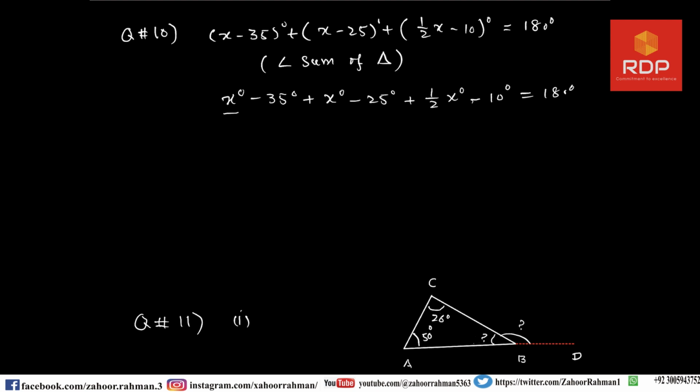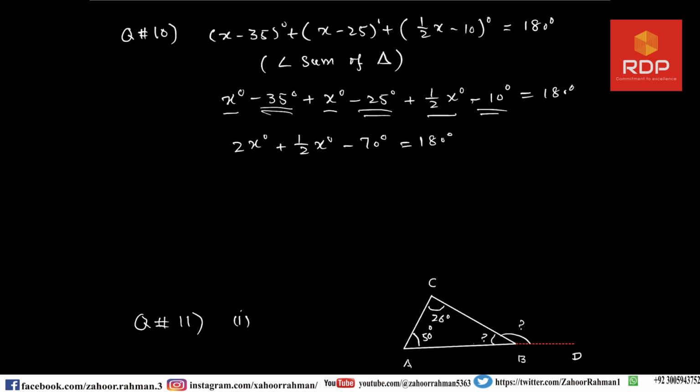First of all, this one and this one will be equal to 2x plus 1 over 2 x degree, and minus 35 and minus 25 is minus 60, and then minus 10 is minus 70 degree, and that is equal to 180 degree.